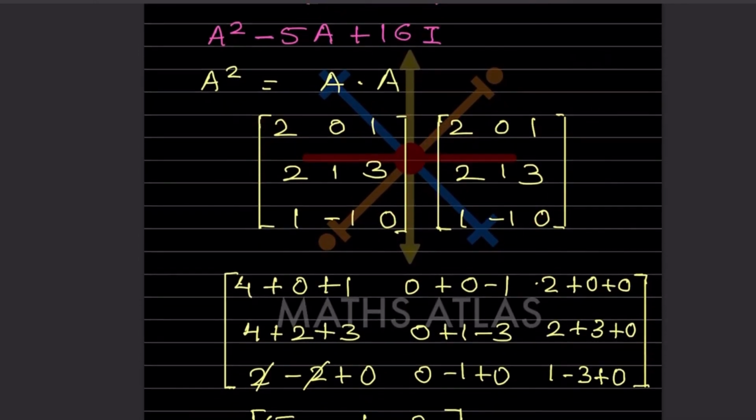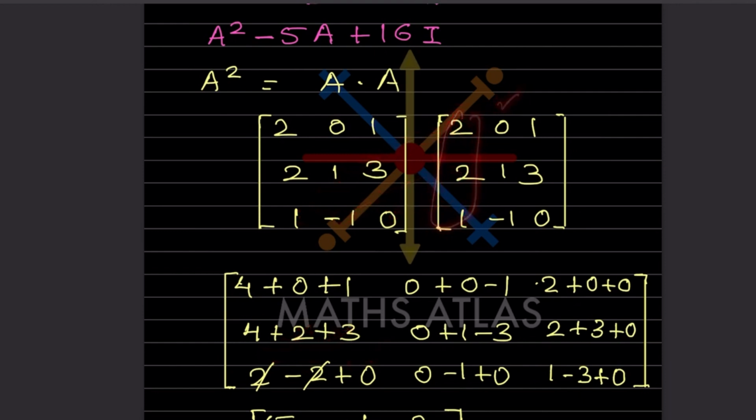Now let us multiply this into this. 4, 0, 1, we have to add. Again here 4, 2, 3, we have to add. Then 2, minus 2 and 0, you have to add. Now this is done.